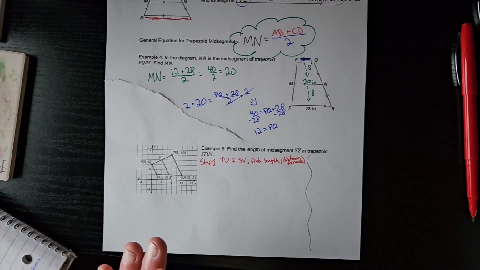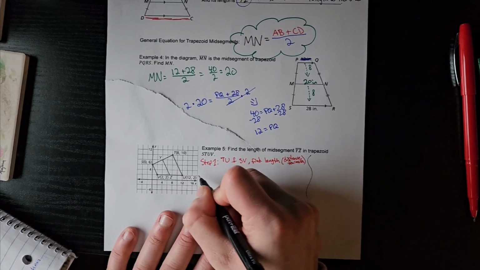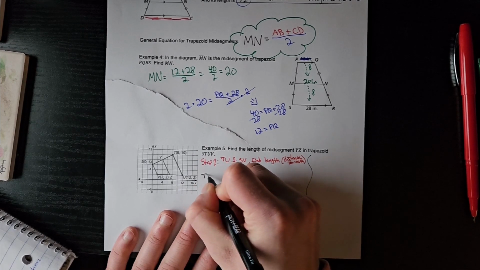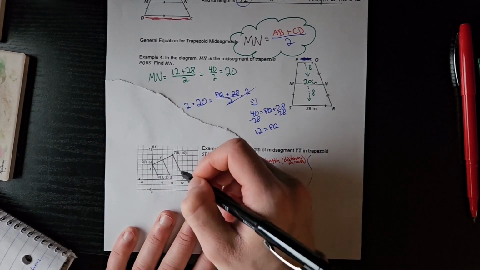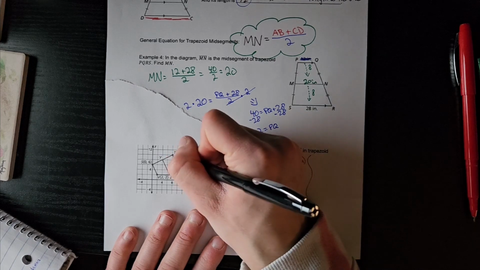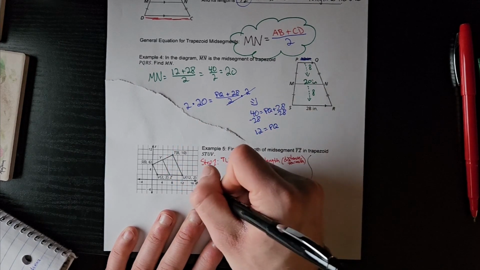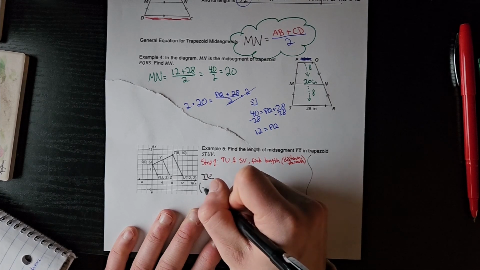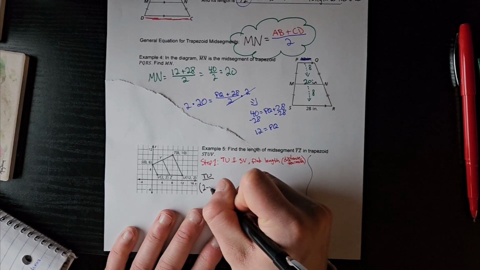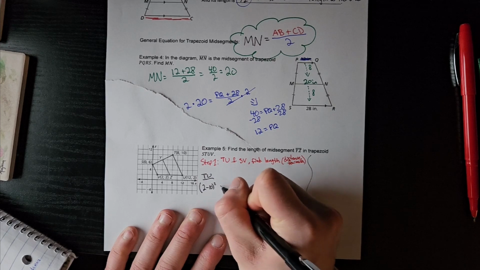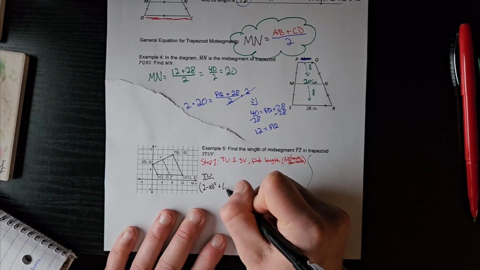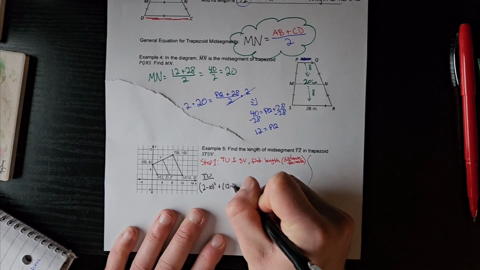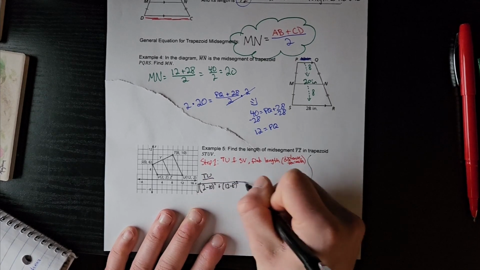Okay, we'll use black still. So I'm going to do TU first, and since these are on diagonals, I can't count at all. So I will do, let's do 2 minus 10 squared plus 12 minus 8 squared, square root it.